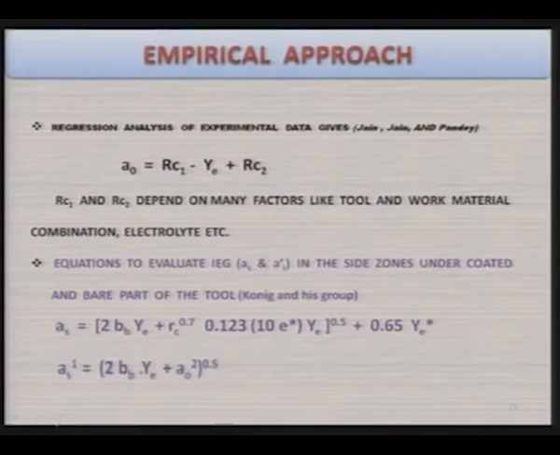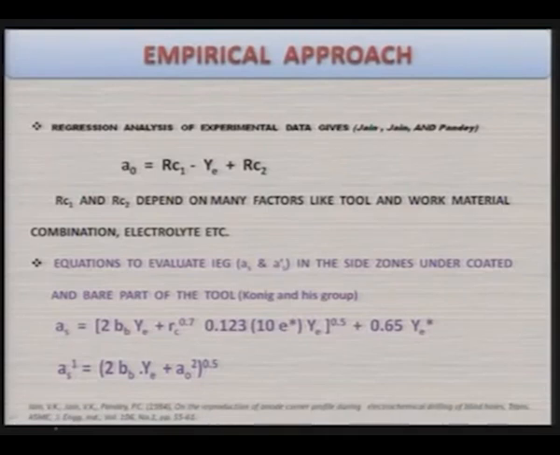Now, AS dash, as I showed in the earlier slide, AS and AS dash were missing. So, this is the equation which they proposed for the prediction of the inter-electrode gap in that particular zone, and this has been reported in this particular paper also.